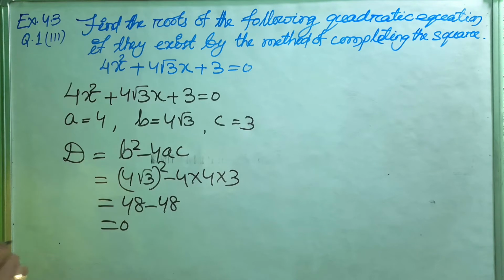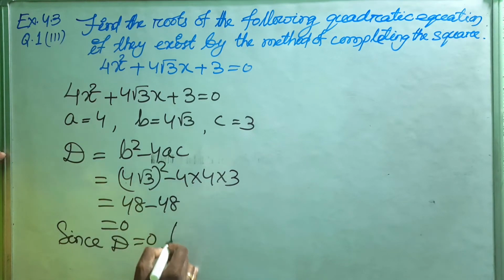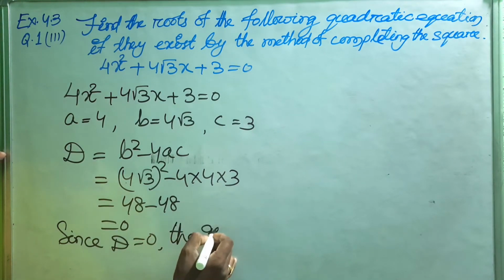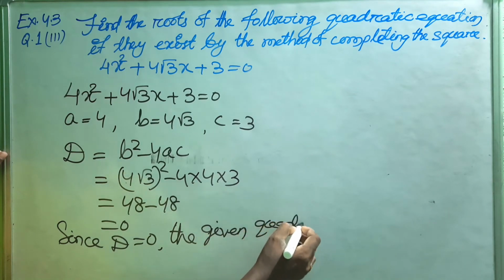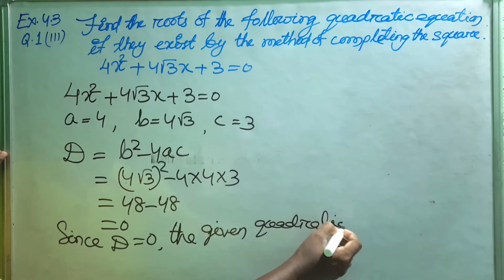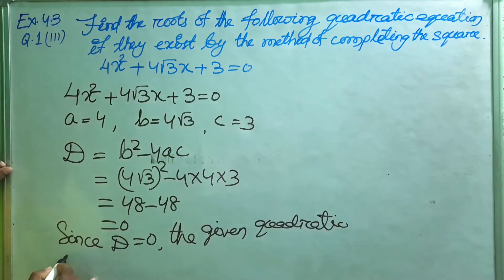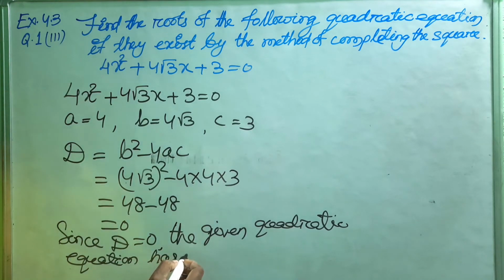Okay, so that means since D is equal to 0, that means the given quadratic equation has, what?